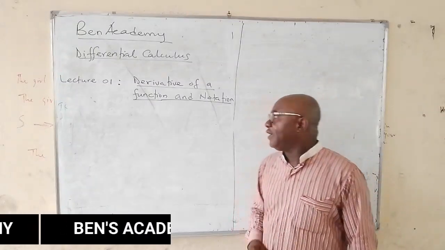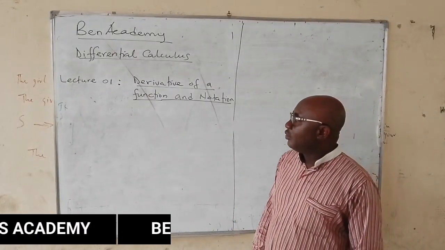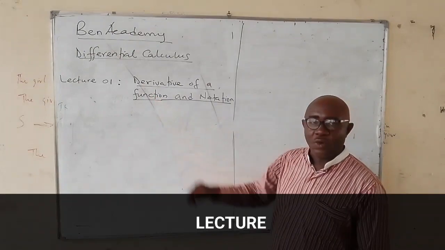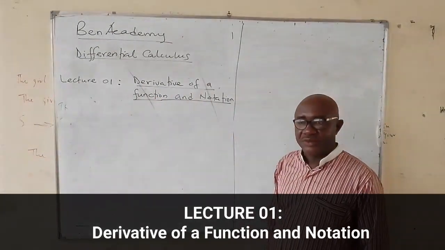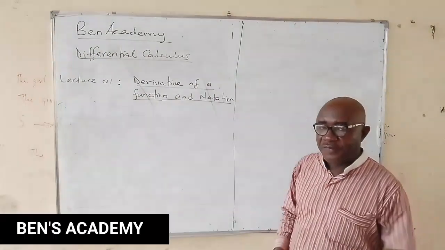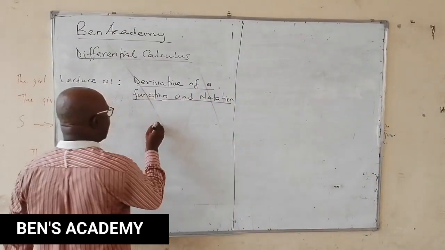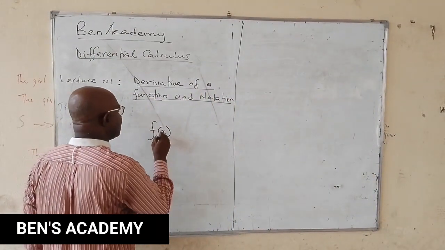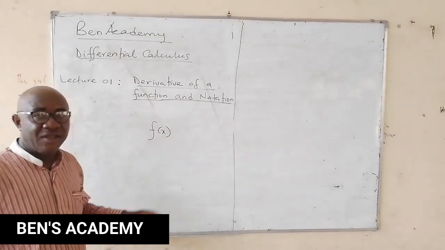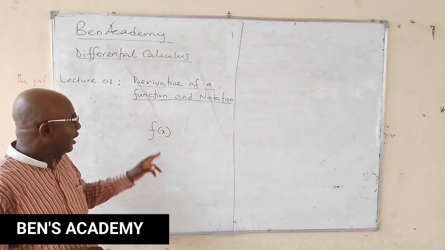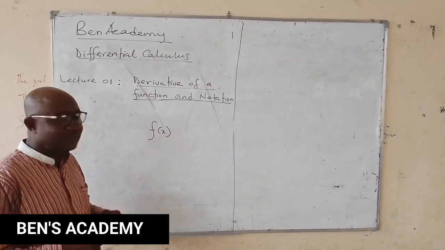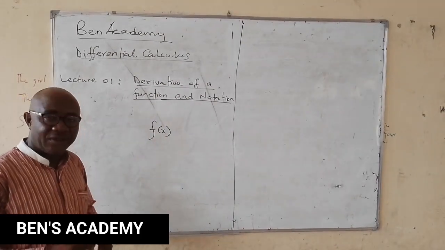We start with the first lecture series, which is lecture 01, derivative of a function and notation. The derivative of a function f of x is defined as the instantaneous rate of change of this function at any given point with respect to some other variable.